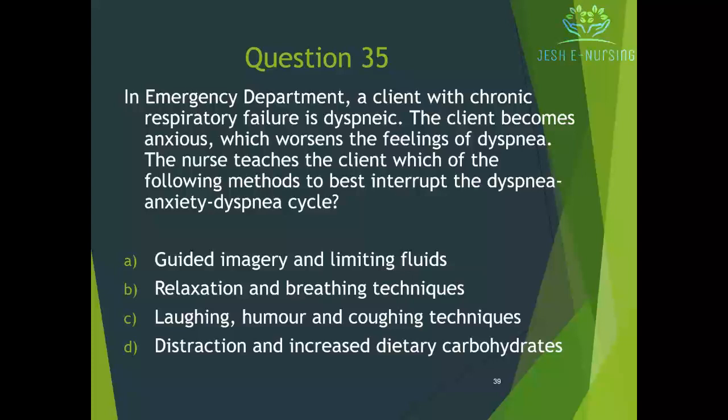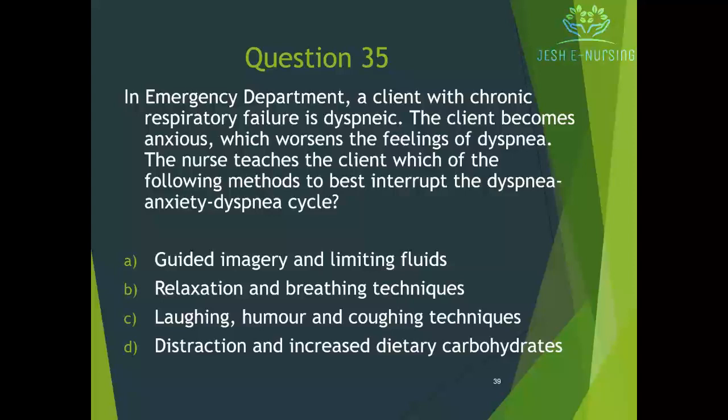Next, question number 35. In the emergency department, a client with chronic respiratory failure is dyspneic. The client becomes anxious, which worsens the feeling of dyspnea. The nurse teaches the client which of the following methods to best interrupt the dyspnea-anxiety-dyspnea cycle? The keyword here is best interrupt.